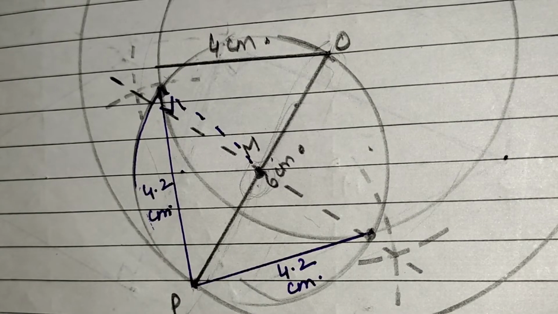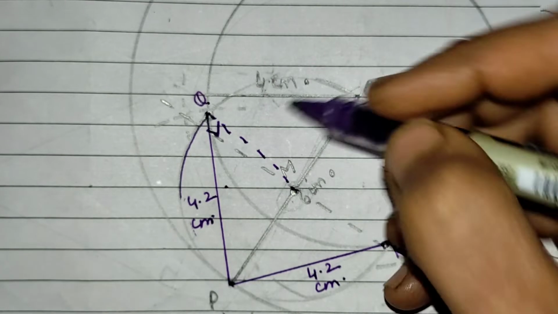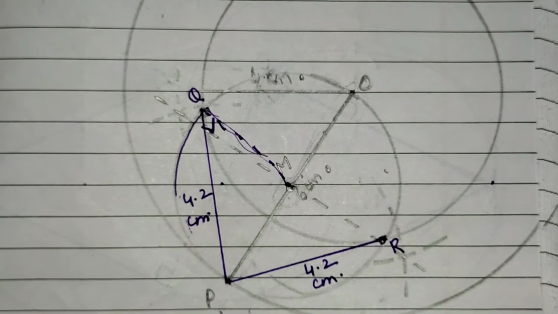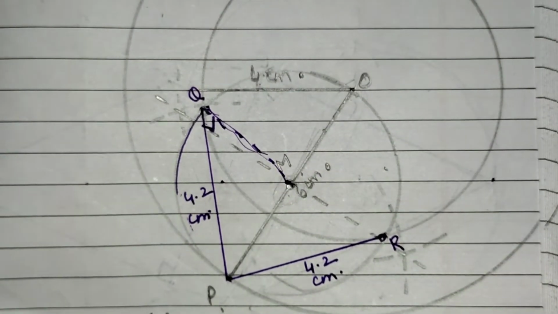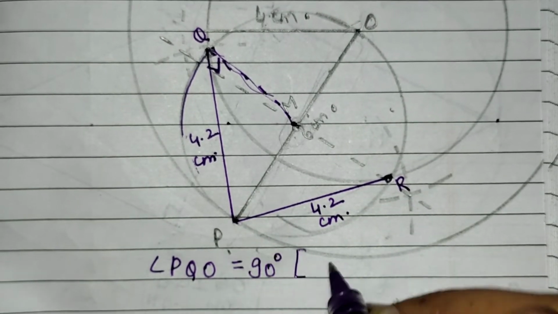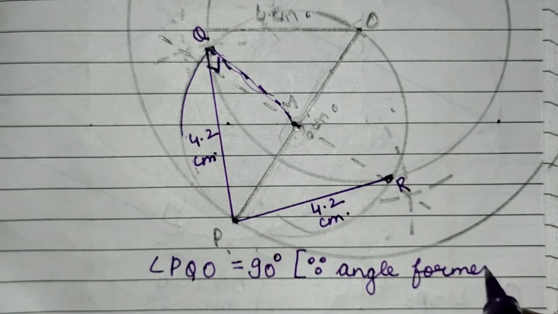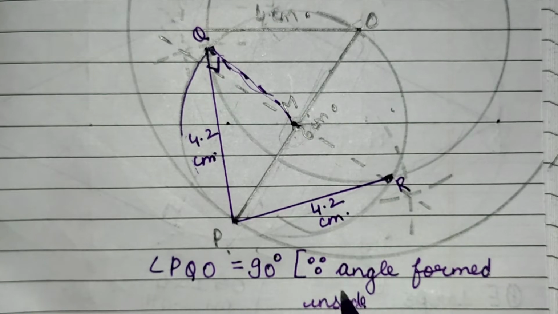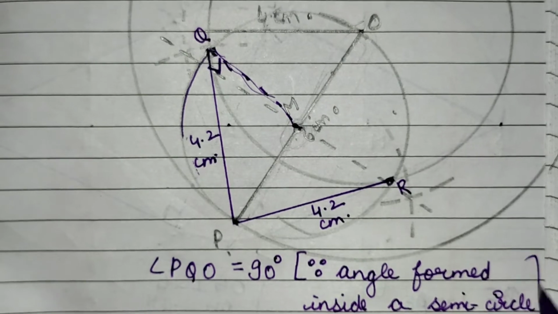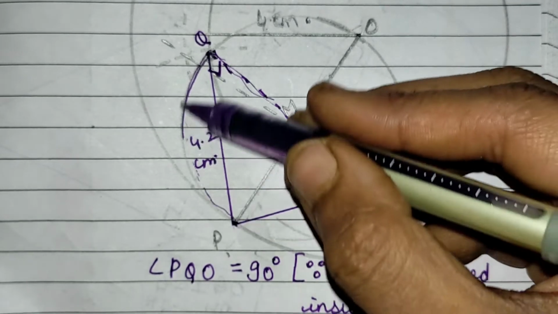To justify this construction, suppose this is my point Q and this is my point R, and I have drawn the radius OQ from the center of the circle. Since angle PQO is equal to 90 degrees because it is the angle formed inside a semicircle, and angles formed inside a semicircle are of 90 degrees, you can see that this angle is being formed inside a semicircle.